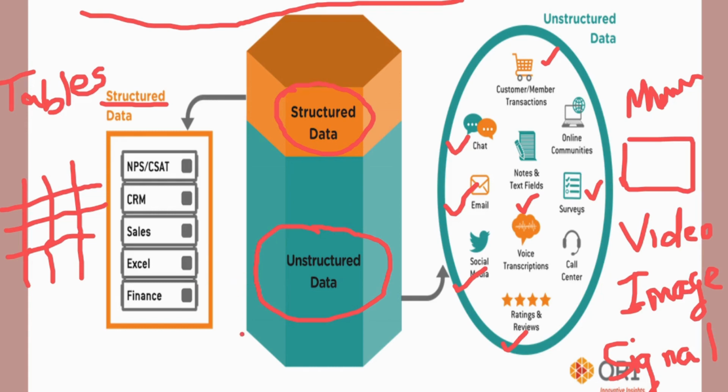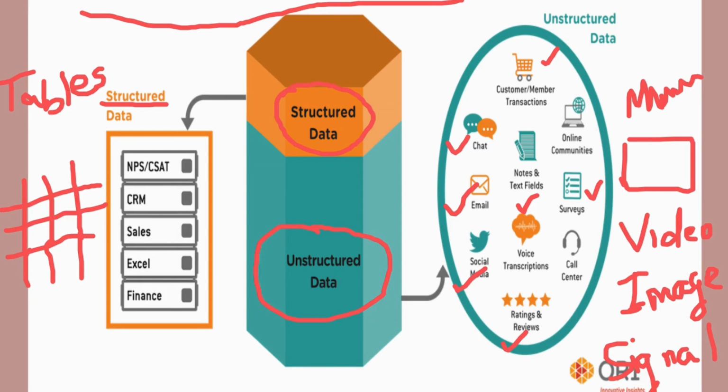Human beings are comfortable with unstructured data, audio, video. We have conversations, we read books, we write emails, we watch videos, we hear music. That is unstructured data. Tables are something that certain professionals may interact with, but humans interact more with unstructured data.